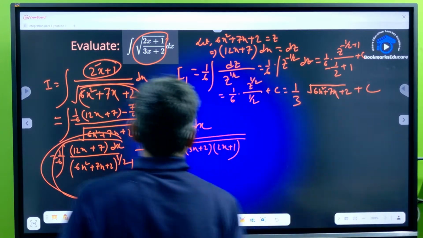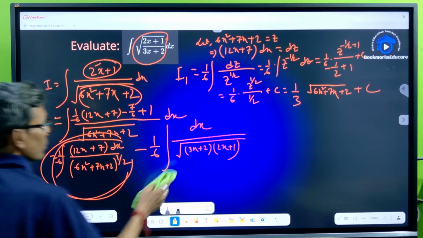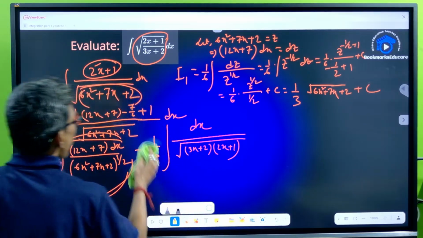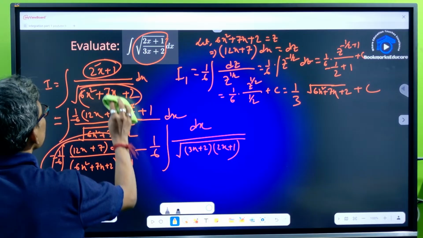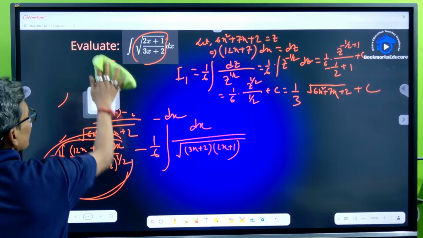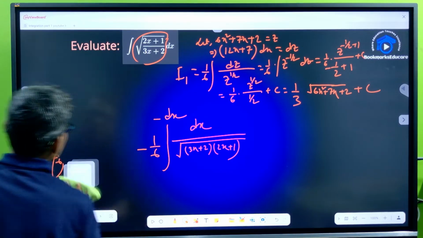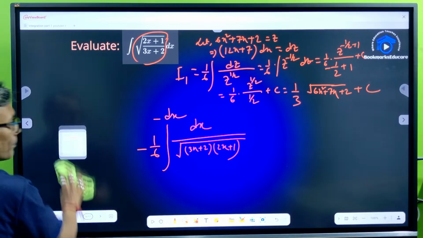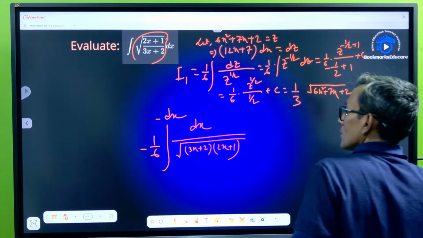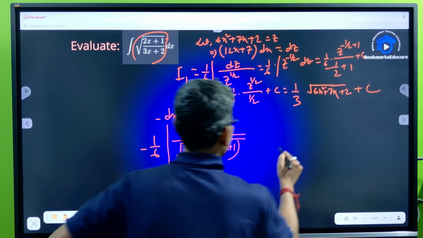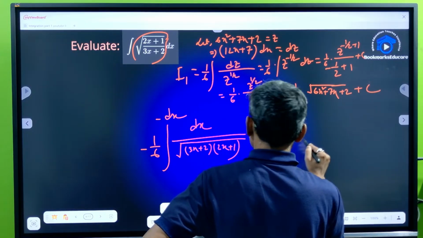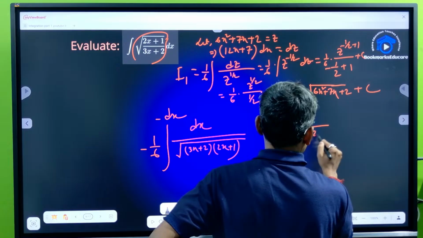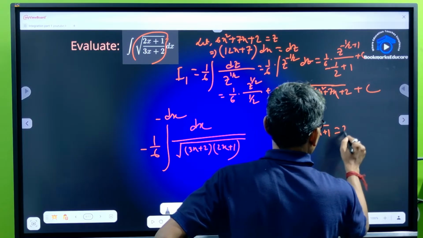Now we are going to find the result of this part. So applying method of substitution again, let root over of 2x plus 1 is equal to z.